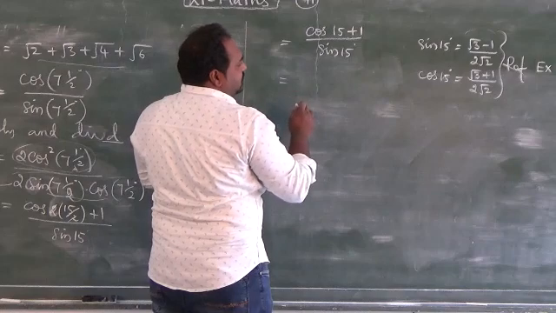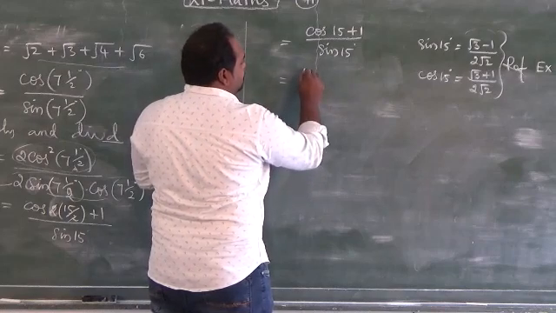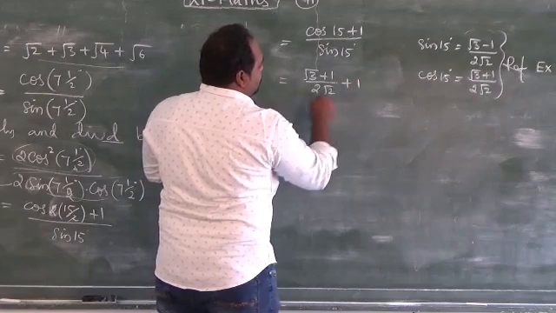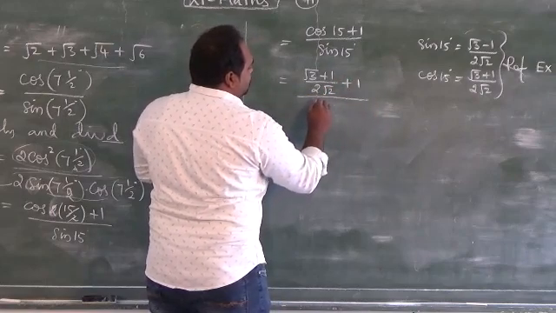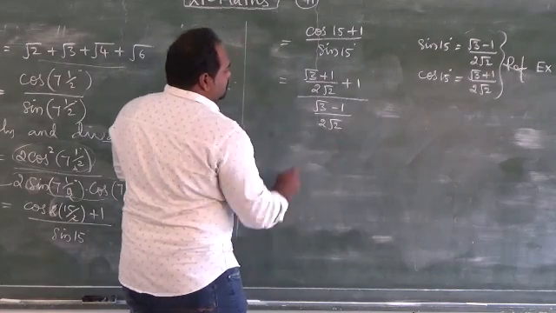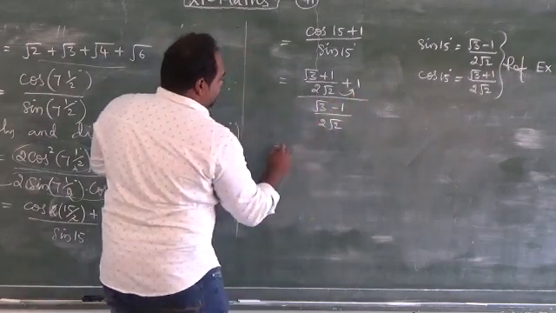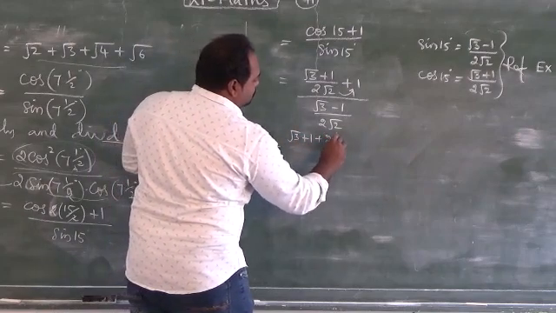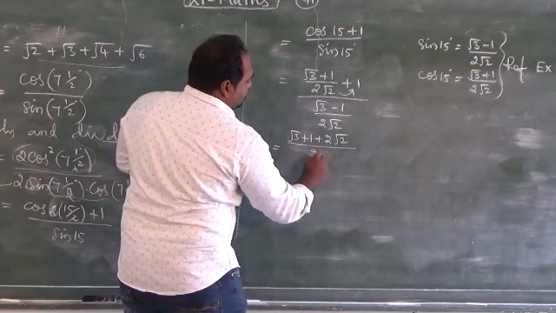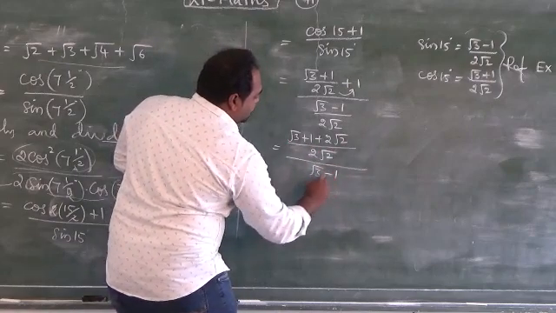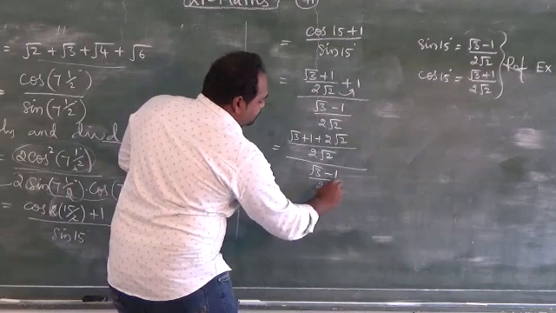Okay, now the cos 15 value is root 3 plus 1 by 2 root 2, plus 1, whole divided by root 3 minus 1 by 2 root 2. So just cross multiply the numerator: root 3 plus 1 plus 2 root 2, whole divided by 2 root 2, divided by root 3 minus 1 by 2 root 2.